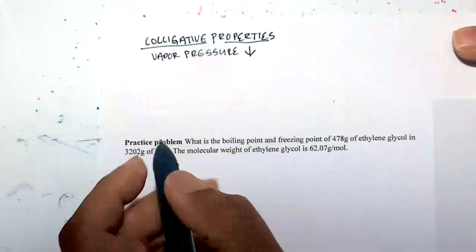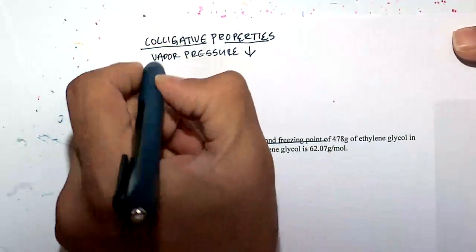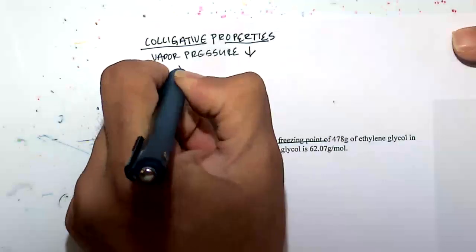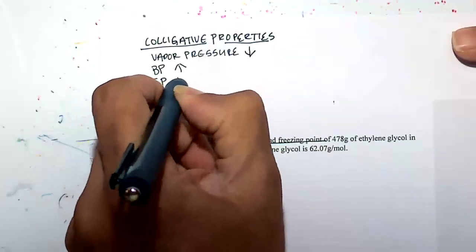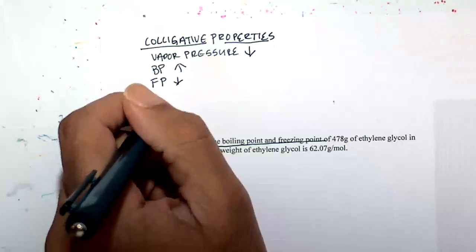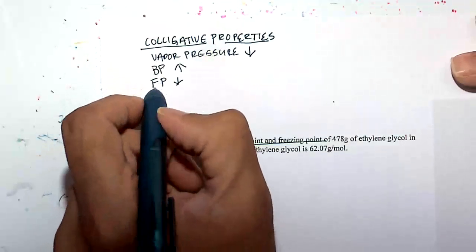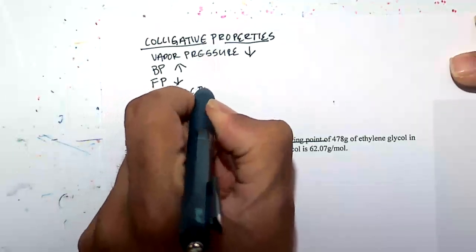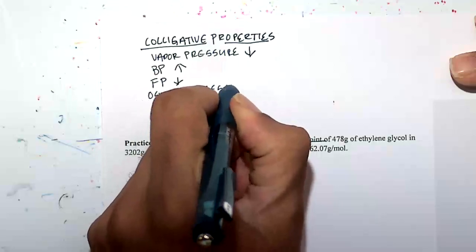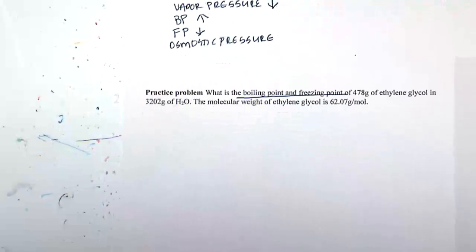What else? Very good. The boiling point goes up, and what happens to the freezing point? Goes down. This is when you add a solute to a solvent and everything dissolves. And then we have osmotic pressure. So these are the four colligative properties.